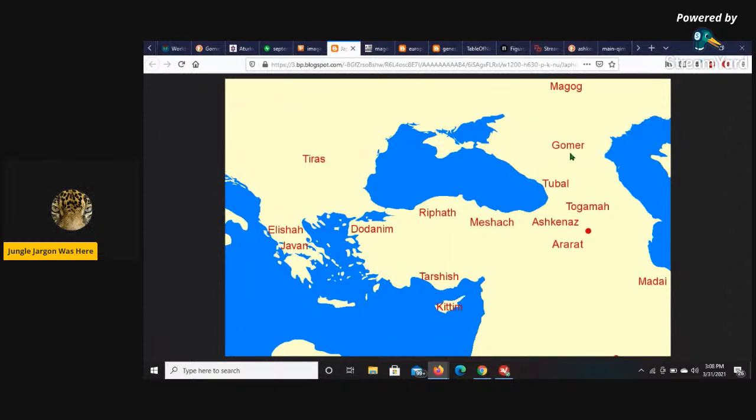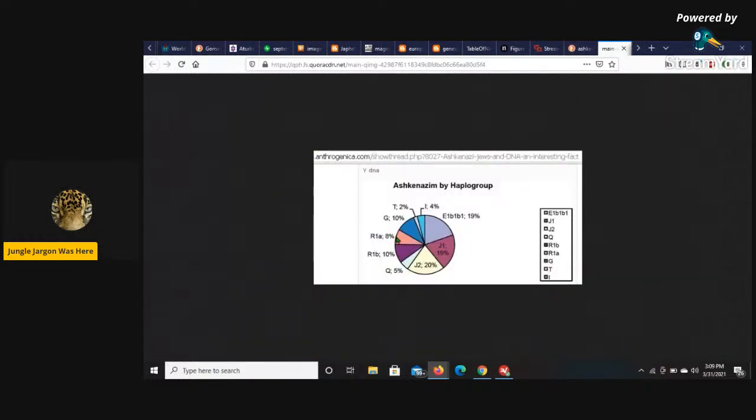Gomer, the father of Ashkenaz, probably is up in this area here, and that's the area where the Jews went, the Ashkenazi Jews. But they only have like a small percentage, 18% of the actual Ashkenaz.